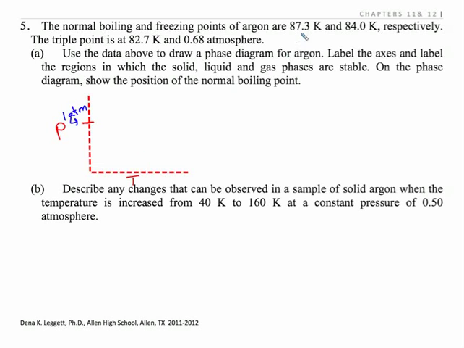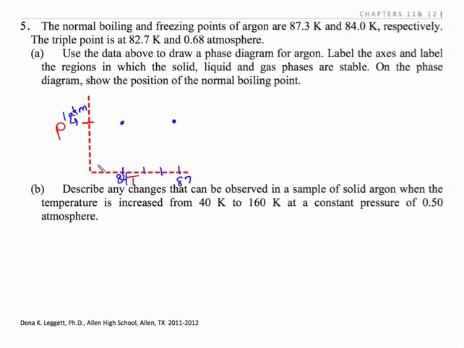The freezing point is given at 84 Kelvin, so 84, and 85, 86, 87. Let's call that 87. So this is my boiling point, and this is my freezing point, my normal boiling point and freezing point.